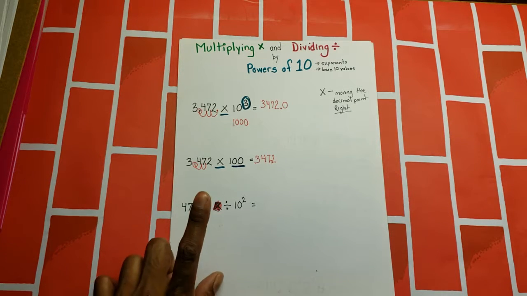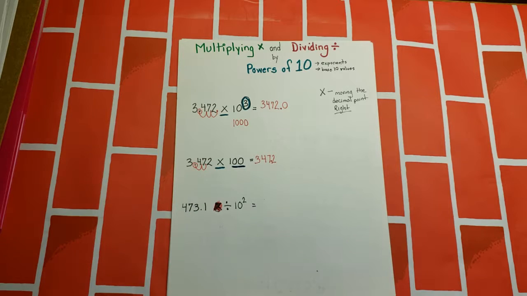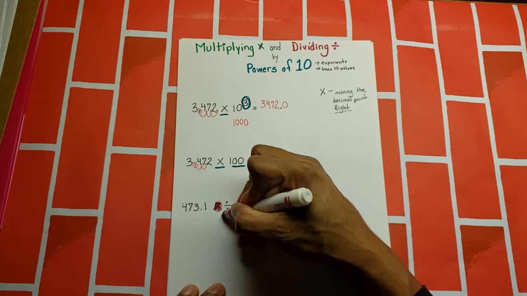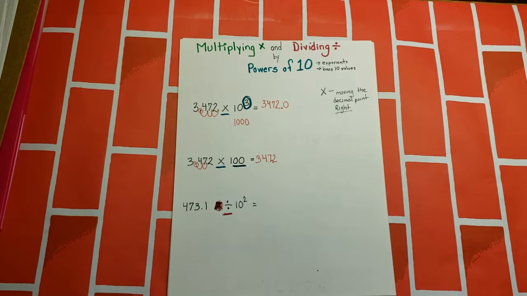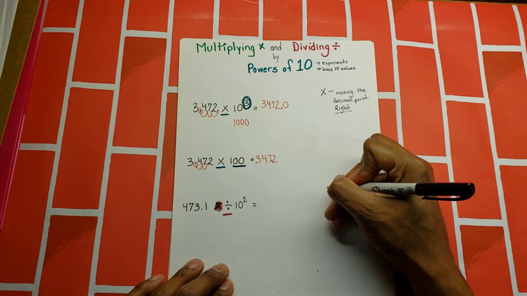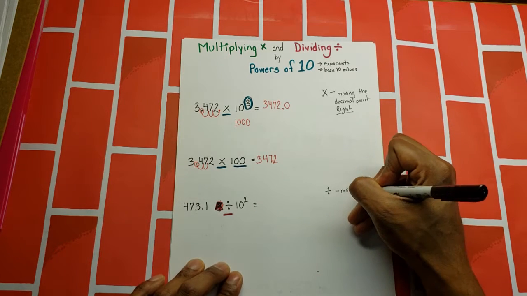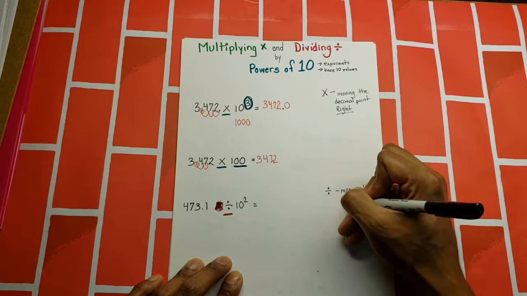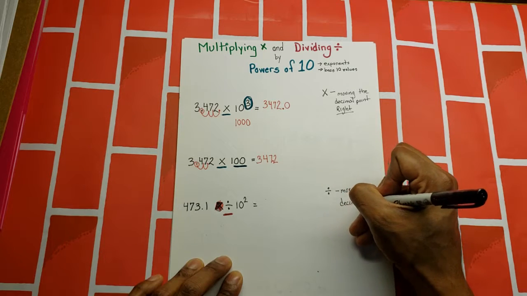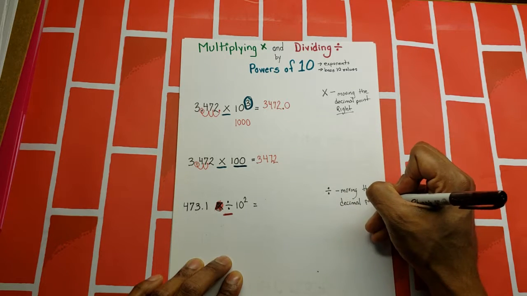Similar steps. I notice my operation, which is now division. Division requires me to shift my decimal place to the left. So moving the decimal point left.